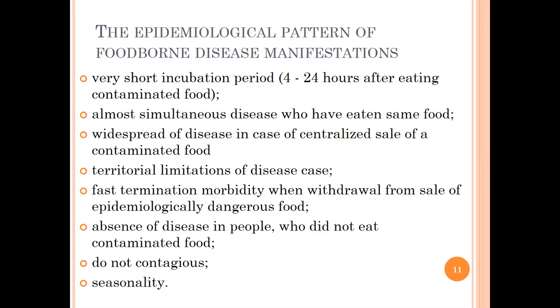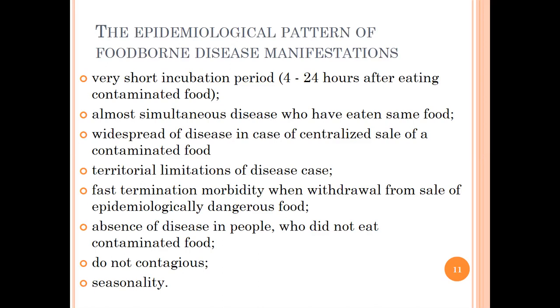What are the main epidemiological patterns of foodborne disease manifestation? First of all, it's a very short incubation period. As mentioned, it's about 24 hours after eating contaminated food. Almost simultaneous disease among persons who have eaten the same food products, and widespread disease in case of centralized sale of contaminated food.